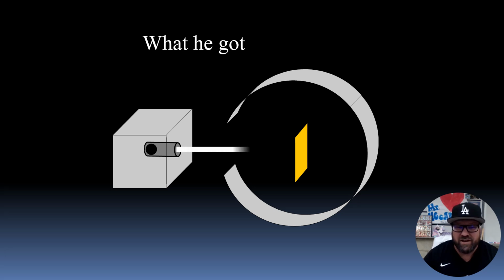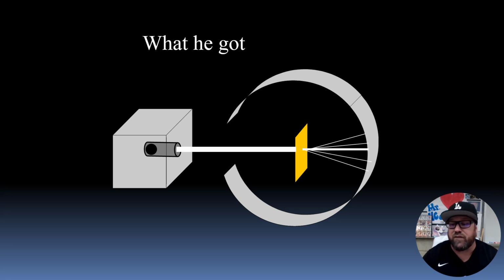So first off, pew! The vast majority of the alpha particles did go straight through. So he expected like 100% to go straight through, and it was still quite a lot, like 90-ish% went straight through. So that was pretty expected, but here's where it started to get weird. He started to get pew, pew, pew deflections.